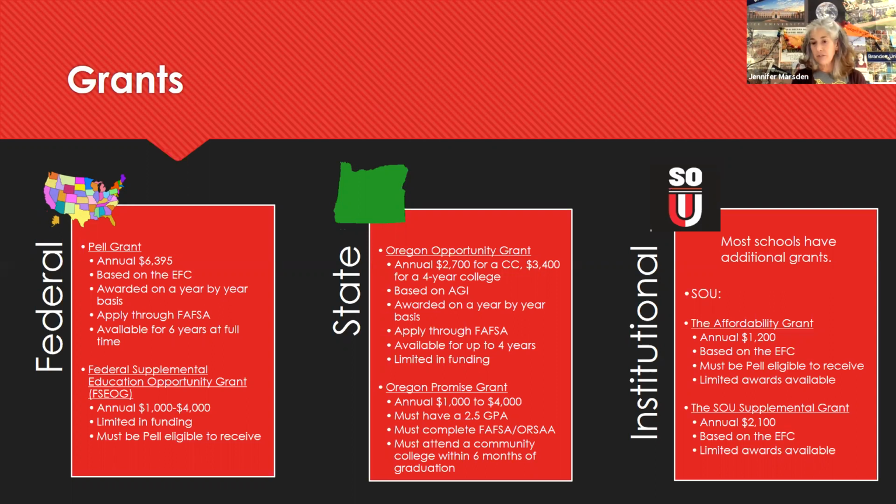That money doesn't run out. So even if your student hems and haws and doesn't get their FAFSA done until later in the school year, and they apply and they're qualified for a Pell Grant, they will still get it. Some students have EFCs that make them Pell eligible. So they don't have a 0 EFC, but they have a 2,000 or a 3,000 or a 4,000 EFC. Usually the cutoff for Pell Grants for EFC is in the 5,500 range. Just to give you an idea, it's usually automatic when a student finishes the FAFSA.